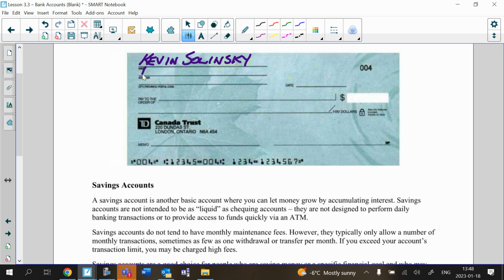Like I said, this will be used when if you get your own personalized checks, that'll be printed for you. You don't have to write that out every time. So today's date, January 18th, 2023. We are paying to the order of Dominion Automotive.